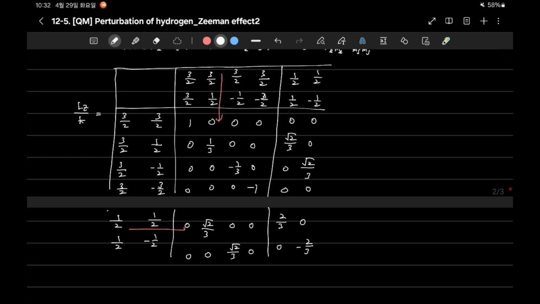Then here, when you see this, it is a 4x4 matrix, and it is also diagonalized, and it means that this term makes the J equal to 3/2 subspace. J equal to 3/2 subspace, but also it is already diagonal.